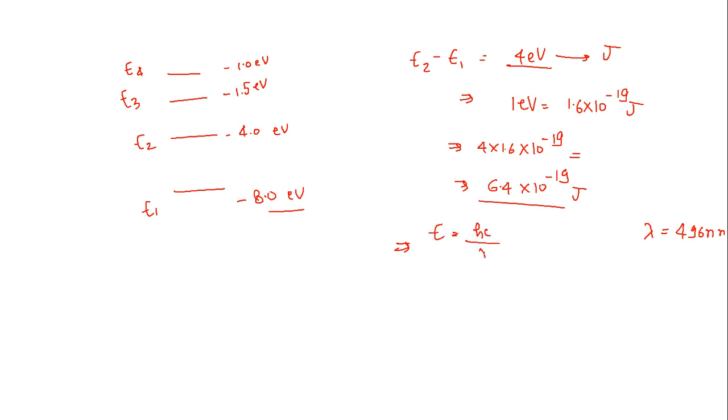It will be hc by lambda, and it comes out to be 6.626 into 10 to the power minus 34, that is joule second, multiplied by 3 into 10 to the power 8 meter per second, and then divided by 496 into 10 to the power minus 9 meter. This meter cancels with the meter per second, and the answer we'll get will be in joule. So I'll just use a calculator for a faster calculation.